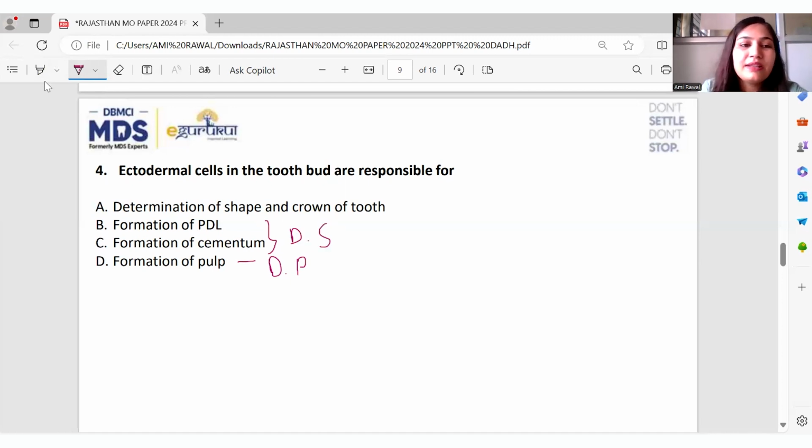And the remaining answer here is determination of shape and crown of the tooth, and this is the correct answer. The rest of them are not the correct answer, as enamel is formed from the enamel organ, and the enamel organ is an ectodermal structure. So the correct answer is that ectodermal cells mainly determine the shape and crown of the tooth as they are involved in the formation of enamel.